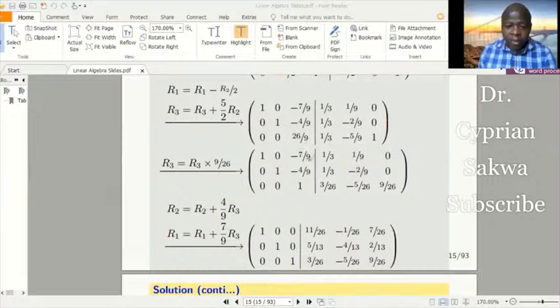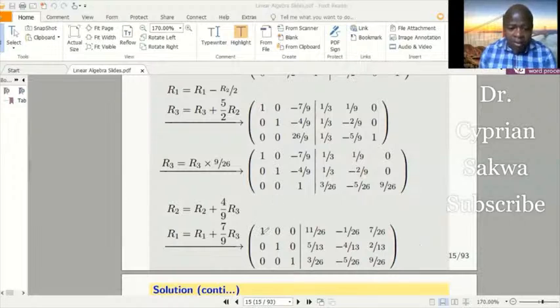Then to get a 0 in this position, I'll take the element in row 1 plus 7/9 of the element in row 3, and I do it for the entire row. That's what I wrote here. When you do that, you achieve this matrix.